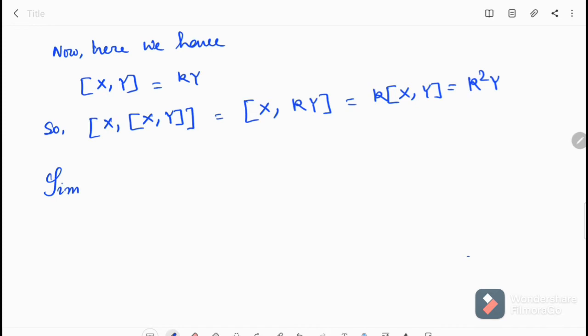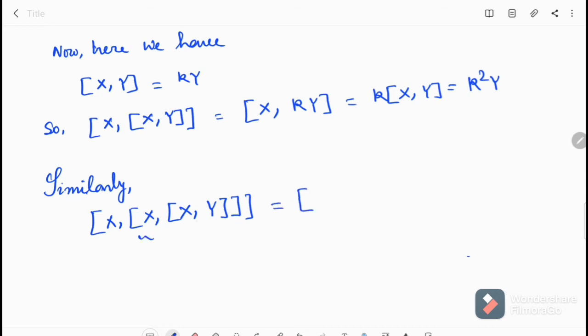Similarly, we can write that x commutation x x y would be equal to, look, this portion is k square y, so we can write x commutation k square y or k square x commutation y, that would be equal to k cube y.